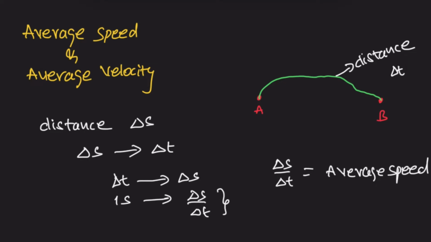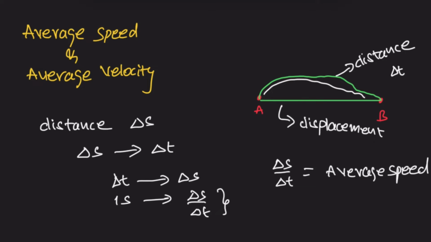Now what is the displacement between A and B? We know that we draw a straight line between these 2 points. So this is the displacement. Though the body moves along this path, the displacement of the body is this.